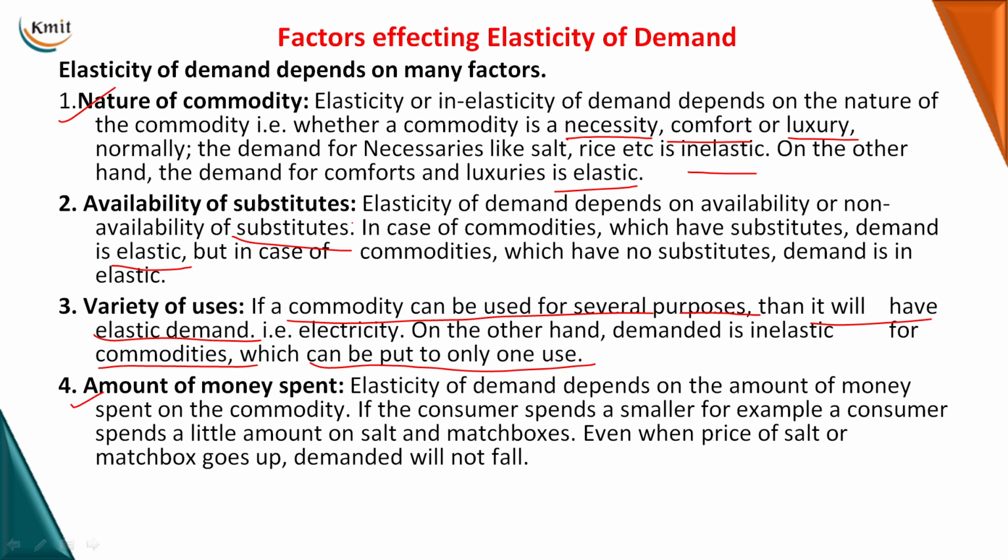If a customer spends a smaller amount of his income, for example, on salt and matchboxes, even when there is an increase or decrease in the prices, he will be buying those two commodities, because the income spent on these things is very minimal. Even when the price of salt goes up, demand will not fall.